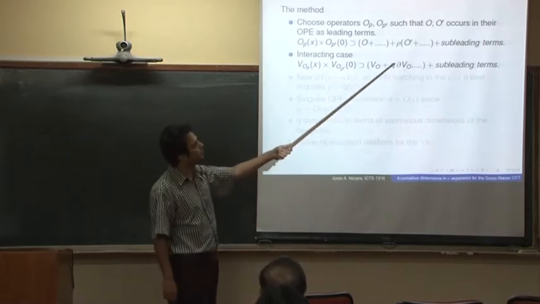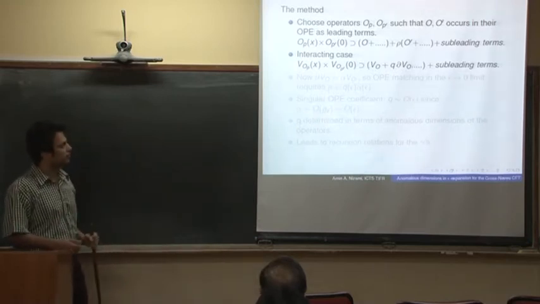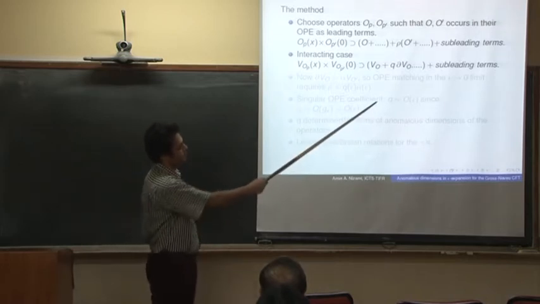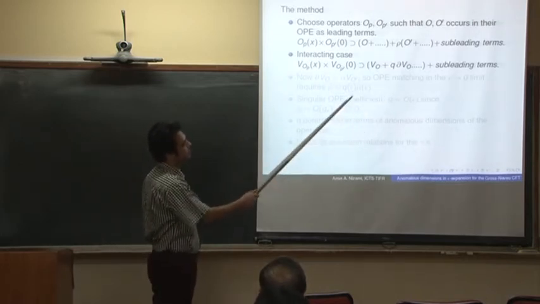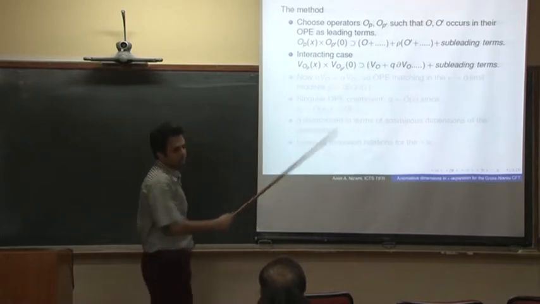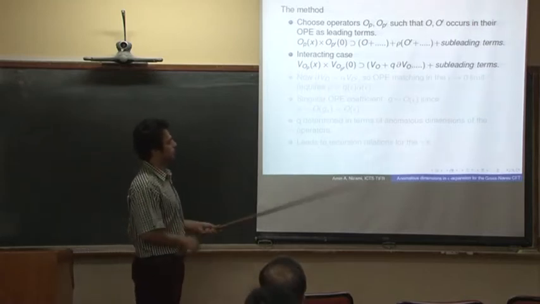Because you have made the assumption that you want to connect smoothly with the free limit, it follows that if you want matching in the epsilon going to zero limit, this coefficient rho should be Q times alpha. So it's a rather straightforward method.